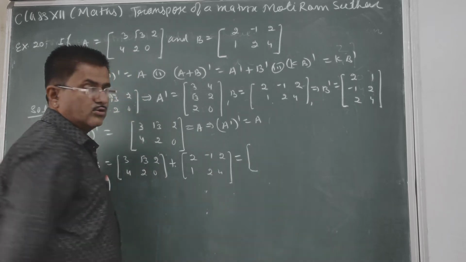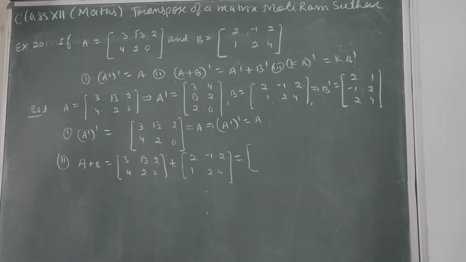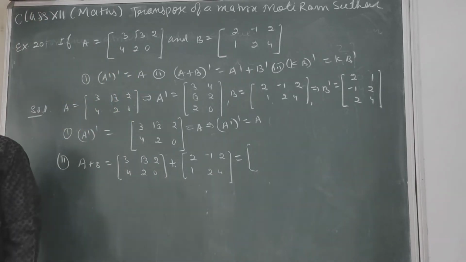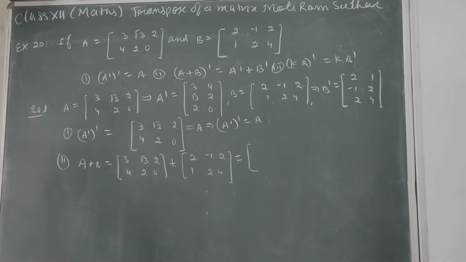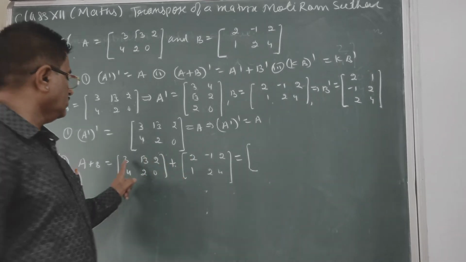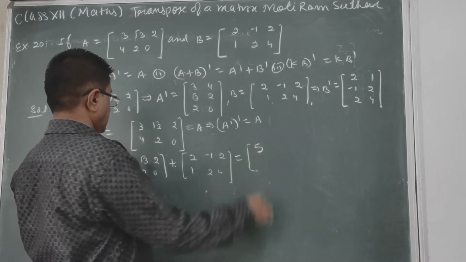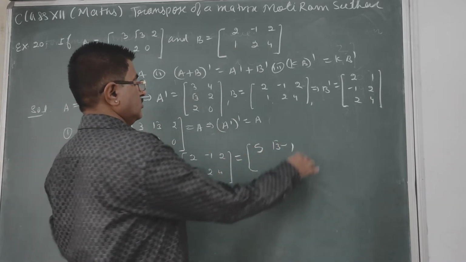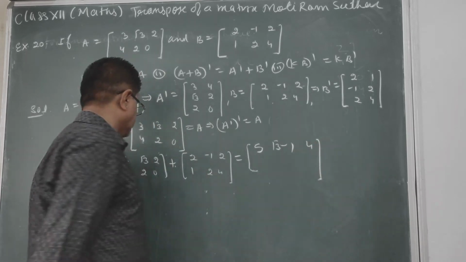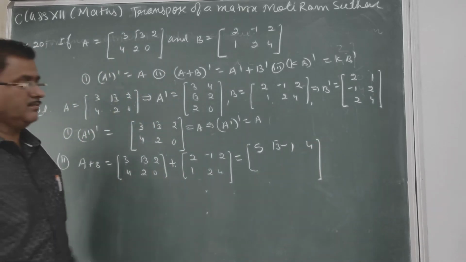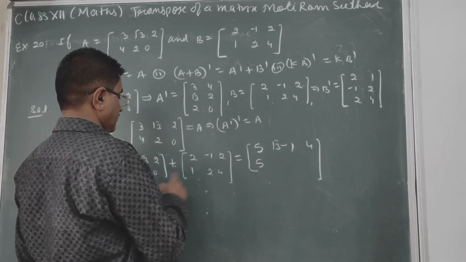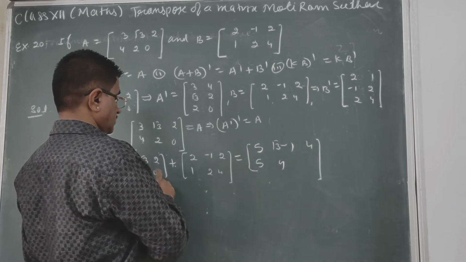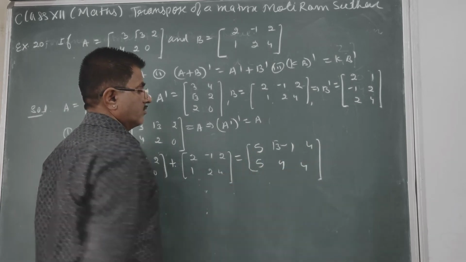As you know how to find the sum of two matrices, the corresponding elements will be added. That is 3 plus 2 is 5, root 3 minus 1, 2 plus 2 is 4. This is the first row. 4 plus 1 is 5, 2 plus 2 is 4, 0 plus 4 is 4.